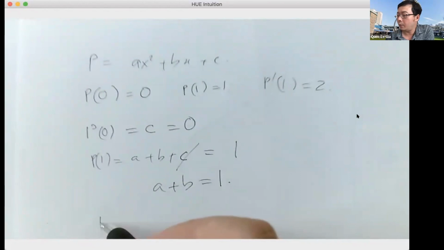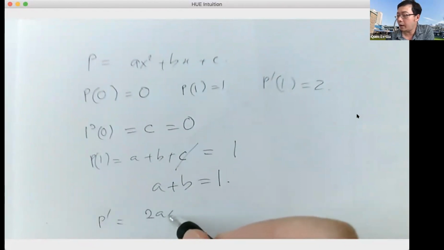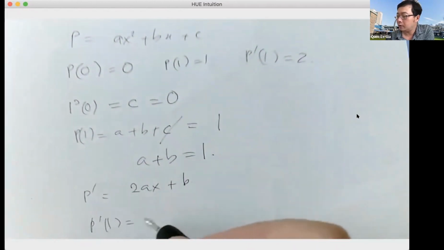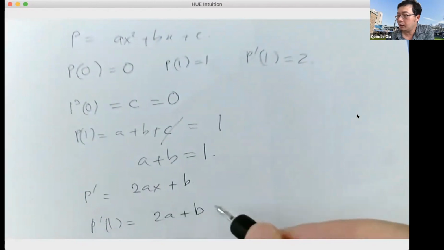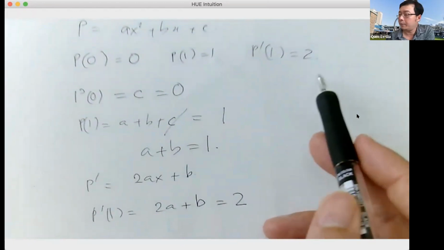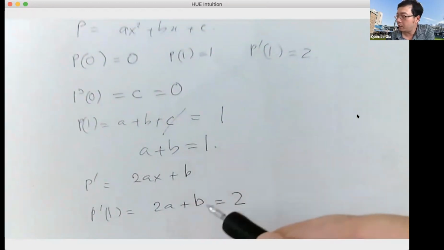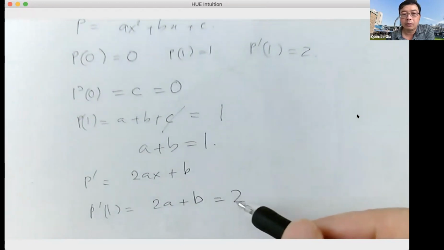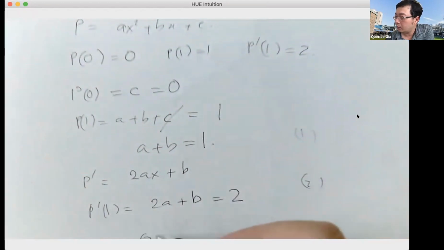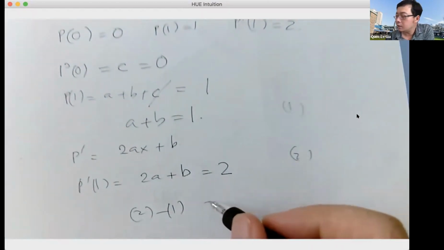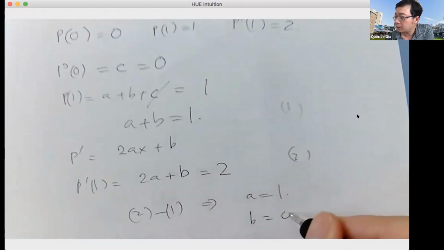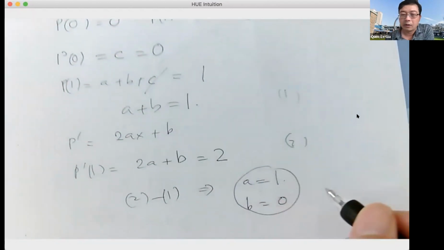Then p prime, so now what is p prime? p prime is just 2ax plus b, so p prime(1) equals 2a plus b, and it equals 2 by this condition. So now you have a plus b equals 1, and 2a plus b equals 2. Two minus one gives a equal to 1, and b has to be equal to 0.